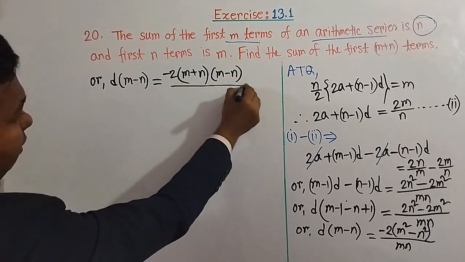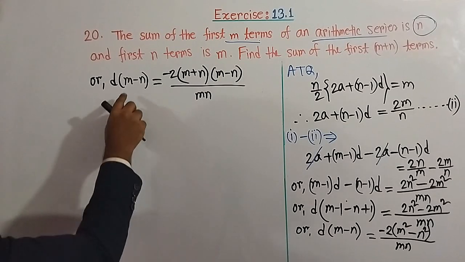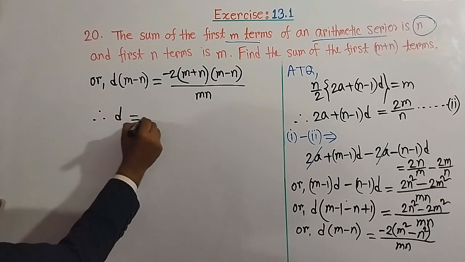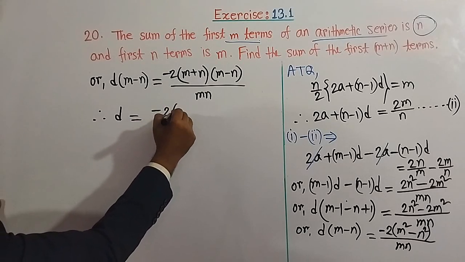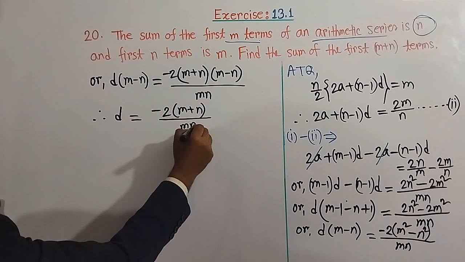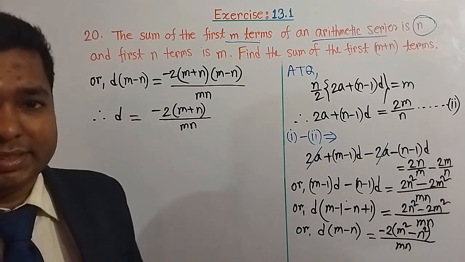Then dividing both sides by m minus n, d equal to minus 2 into m plus n divided by mn. So we find the value of d.